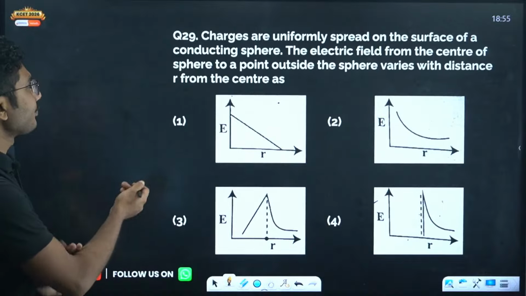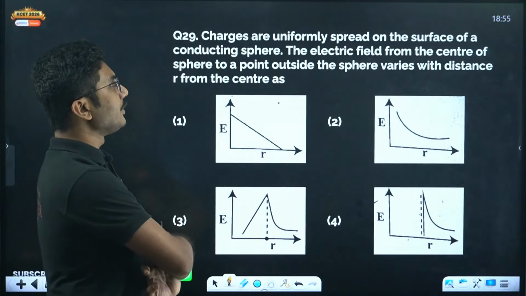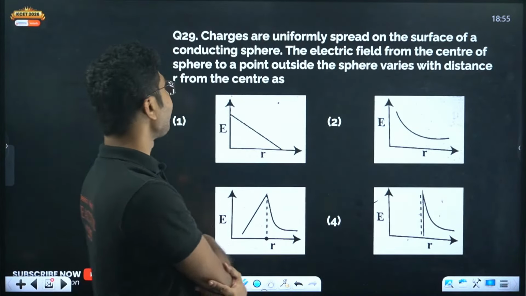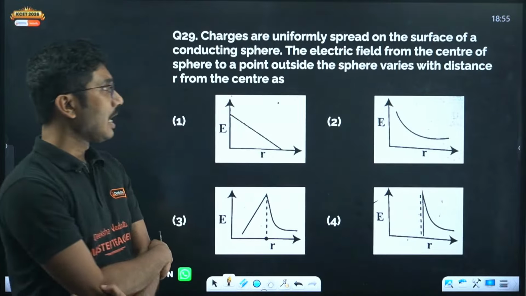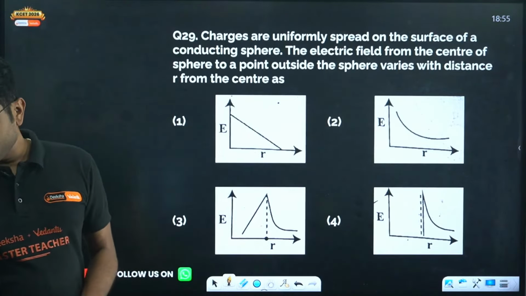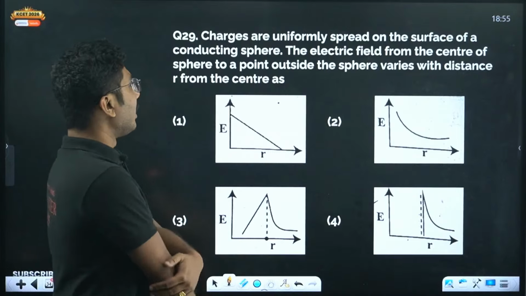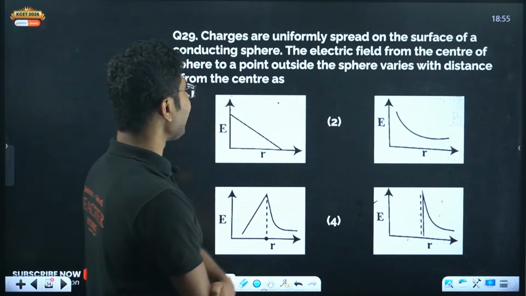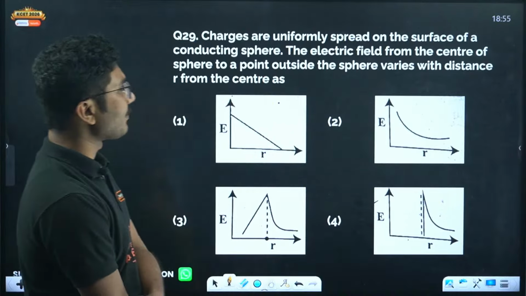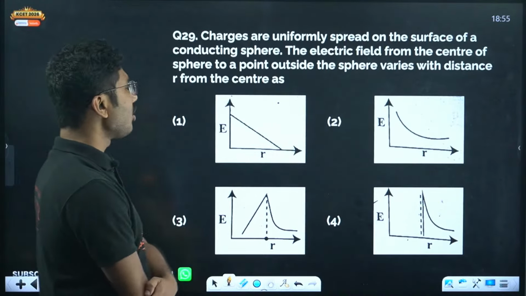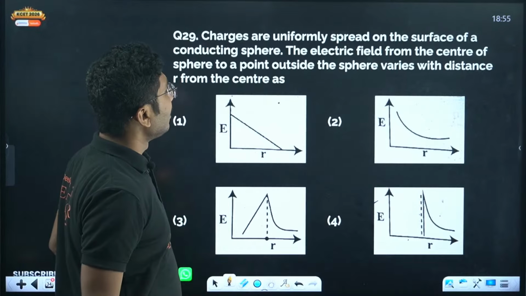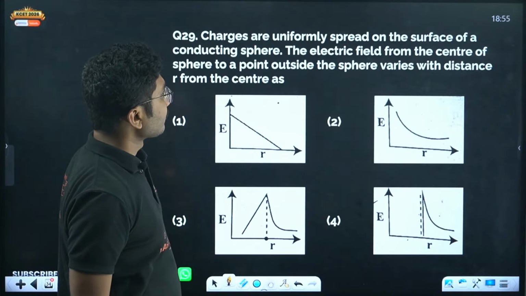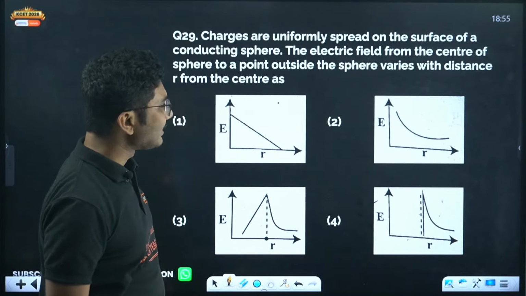Next question. Charges are uniformly spread on the surface of a conducting sphere. The electric field from the center of the sphere to a point outside the sphere varies with the distance small r from the center as... So how does the electric field change?